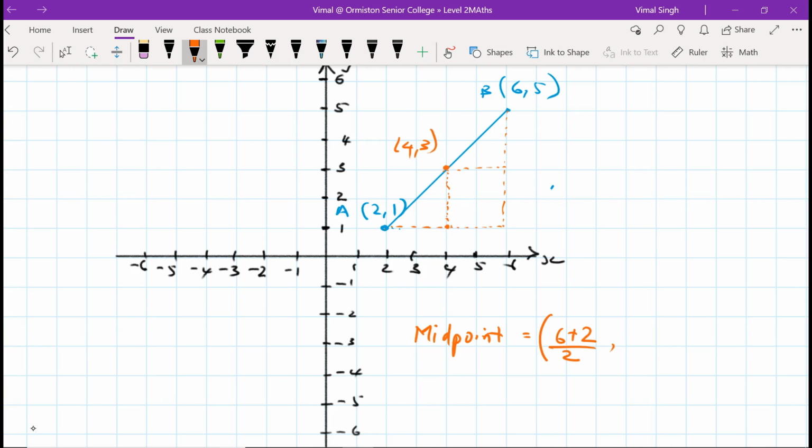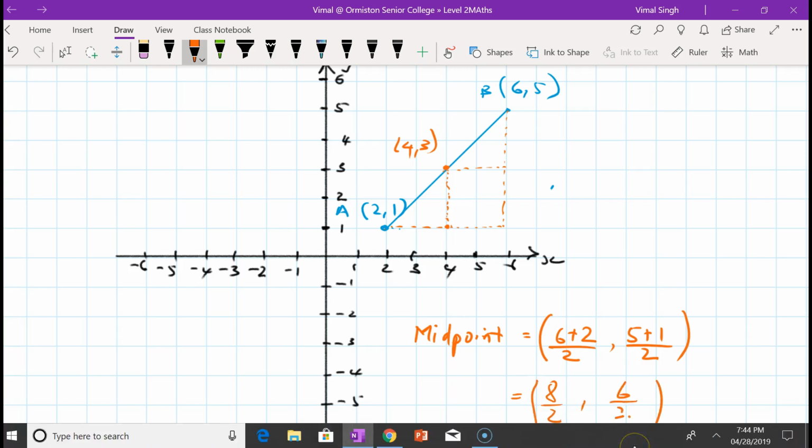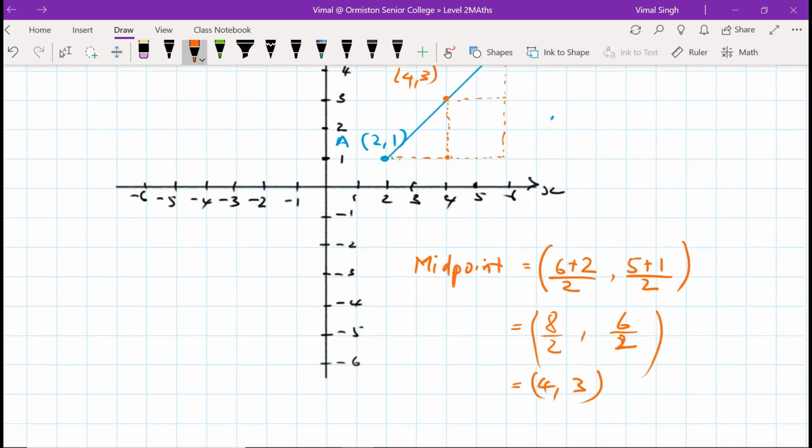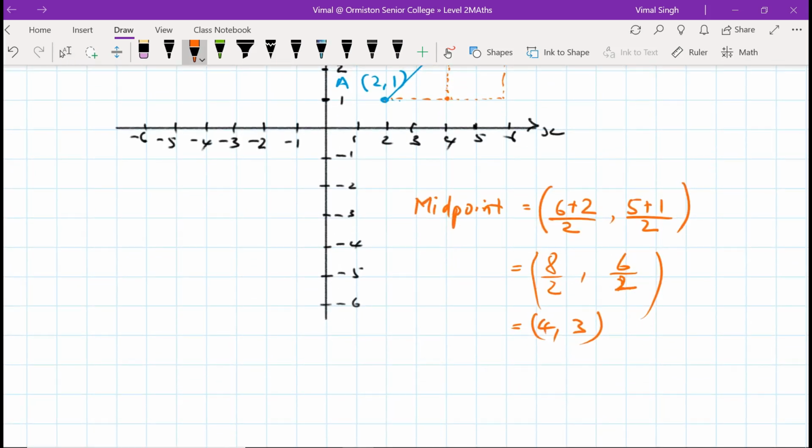And I've done the same for the y, 5 plus 1 divided by 2. 6 plus 2 is 8, and 5 plus 1 is 6. So 8 divided by 2 is 4, 6 divided by 2 is 3, and the midpoint for that particular line AB is 4, 3.